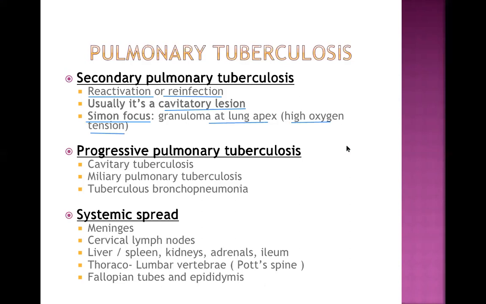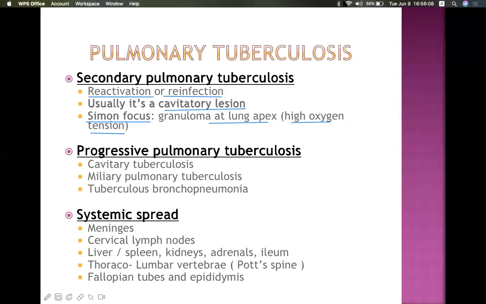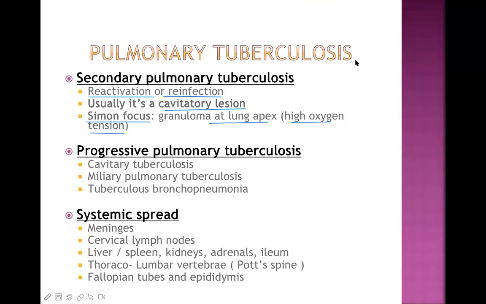Very good. One more. I want one more answer. Menstrual cycle may be affected, sir. Ectopic pregnancy. Okay, very good. It's ectopic pregnancy. Excellent. Ectopic pregnancy and infertility. These two are the most important problems if the fallopian tube has tuberculosis.